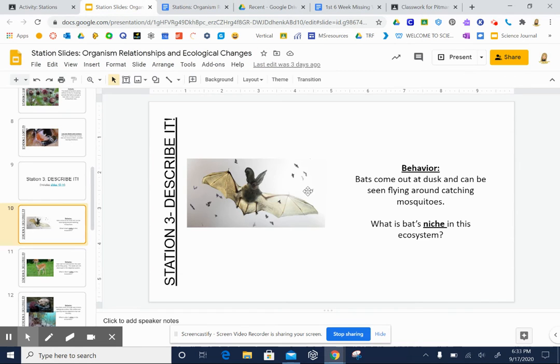Okay, and then it says, bats come out at dusk and can be seen flying around catching mosquitoes. What is the bat's niche in the ecosystem? So it didn't describe his habitat. It's only describing the fact that he's flying around and eating mosquitoes.